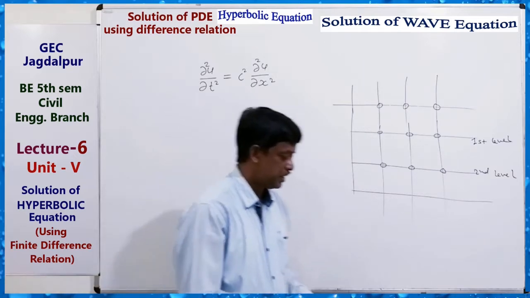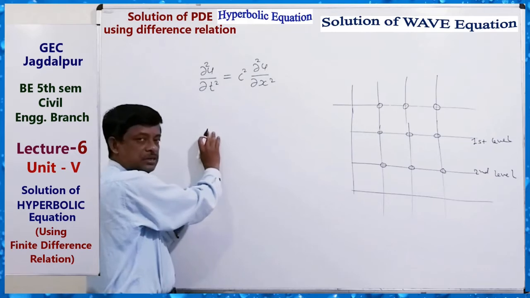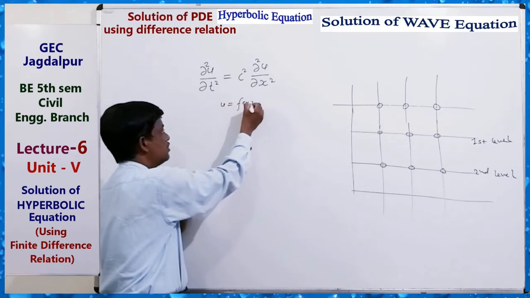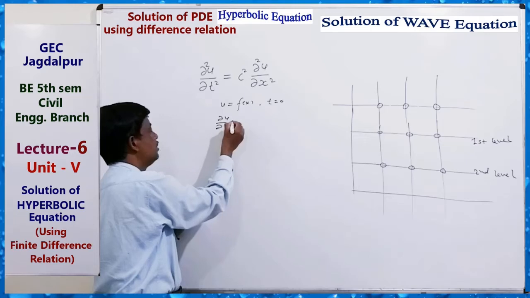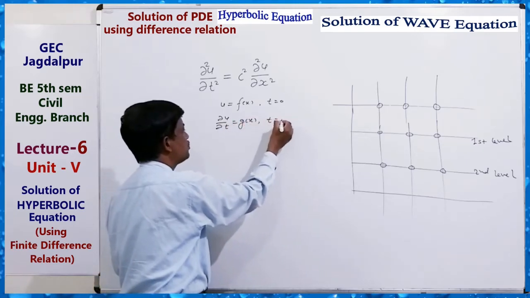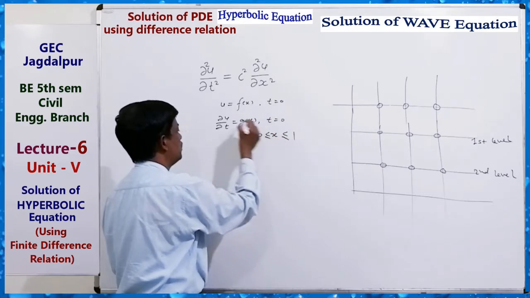So consider first of all this equation, with u equals f(x) for t equals 0 and del u by del t equals g(x) for t equals 0, where x lies between 0 and 1.